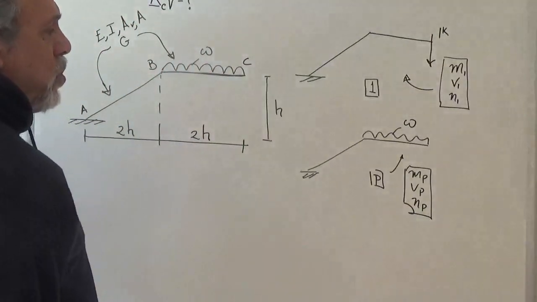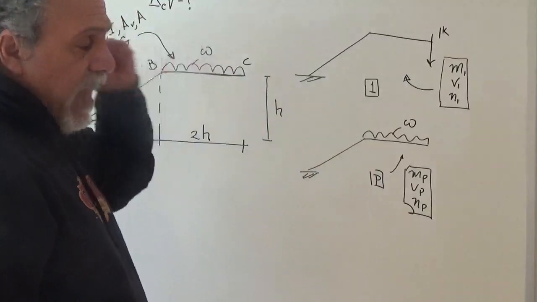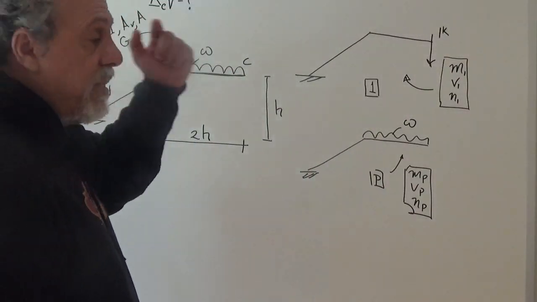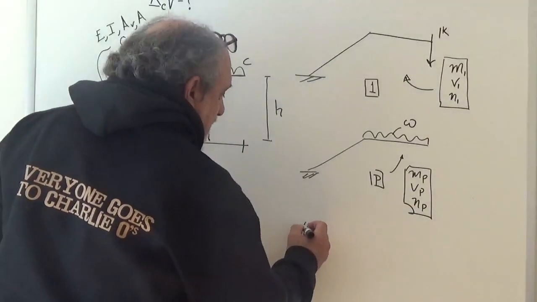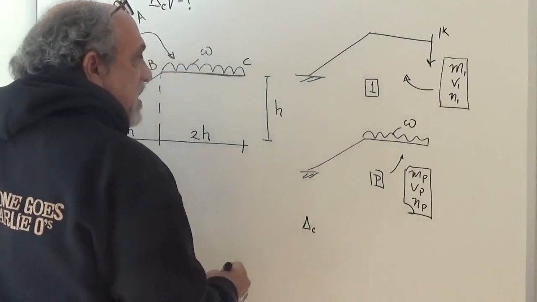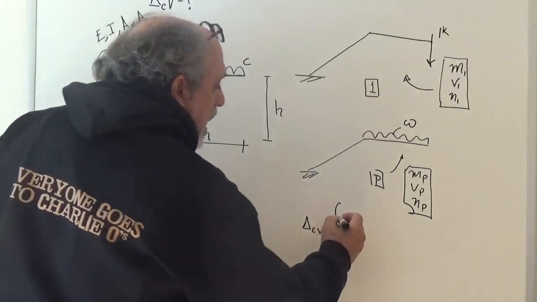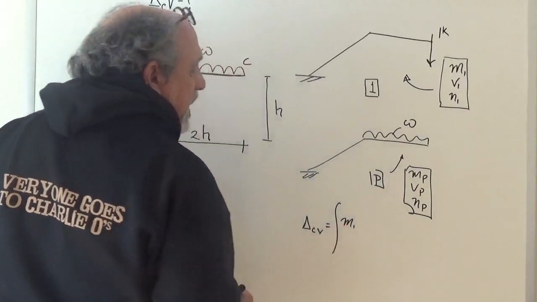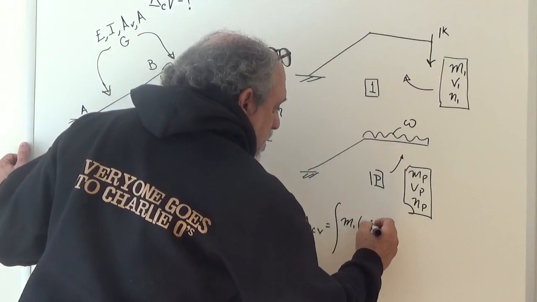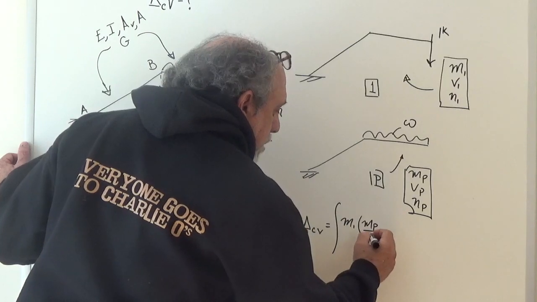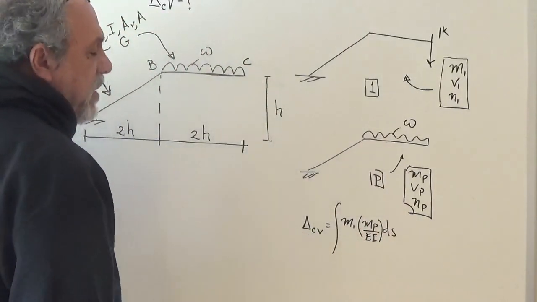We must use the same sign convention in both, and we must use the same coordinates in both, because we are going to then say that the deformation at C in the vertical direction is the integral of M1 times the strains due to the P, which for loading becomes MP over EI, ds, right? And that's the effect of bending.